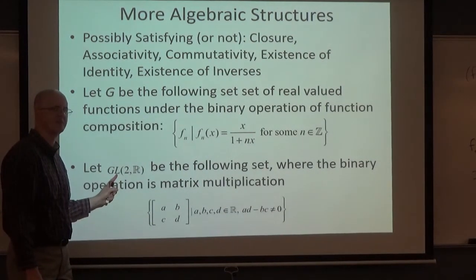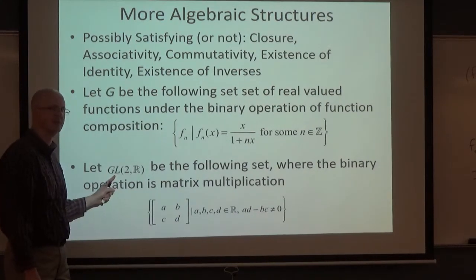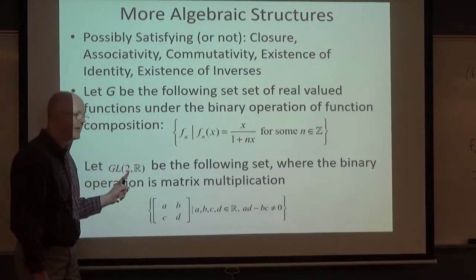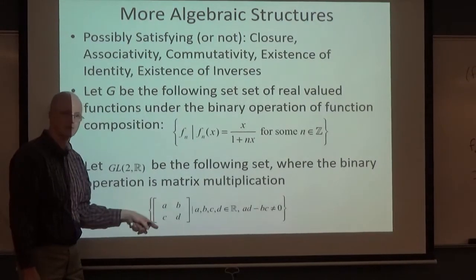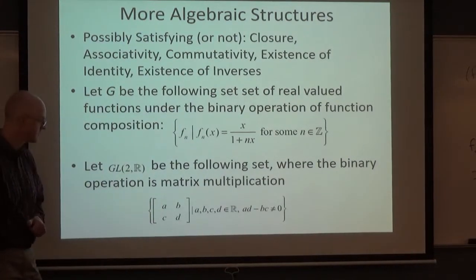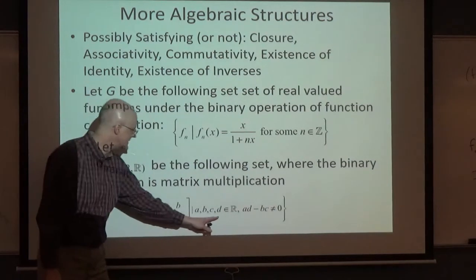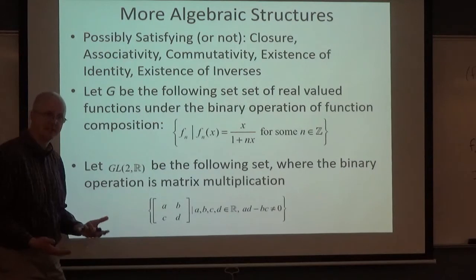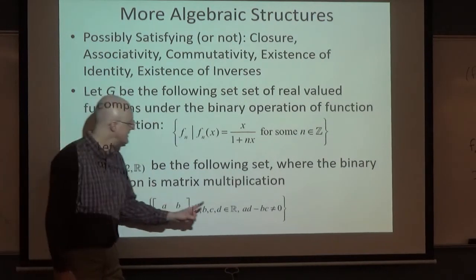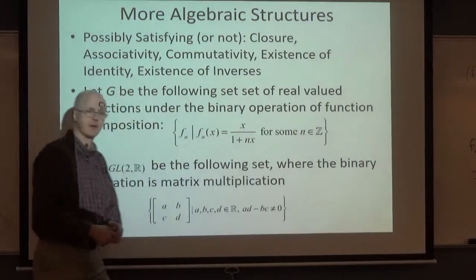You don't need to know that for future tests, I'm just informing you now. 2 means it's going to be 2 by 2 matrices. R means the entries of the matrices are going to be real numbers. A, B, C, and D are real numbers. But the objects of this set are 2 by 2 matrices with the additional property that the determinant is non-zero.